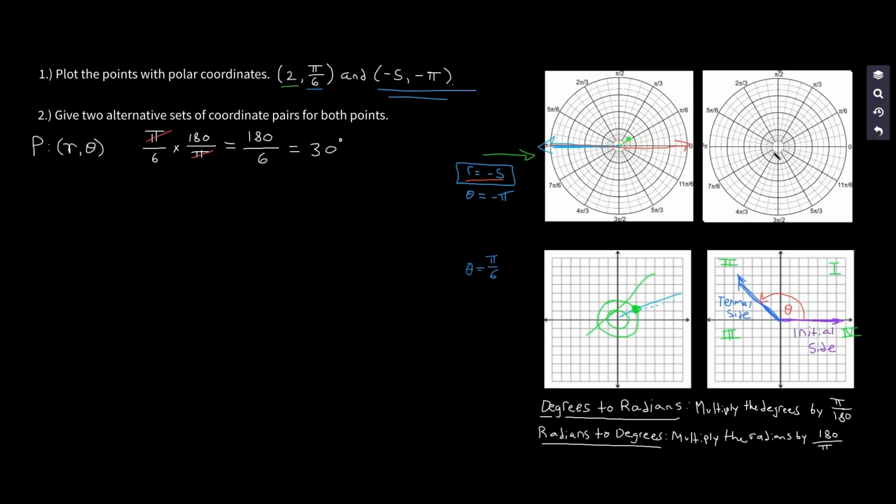But we're not just going to draw a line. No, what we're going to do is count the circles. It's -5. So let's see, we have this circle here: 1, 2, 3, 4, 5. So 1, 2, 3, 4, 5, right here.